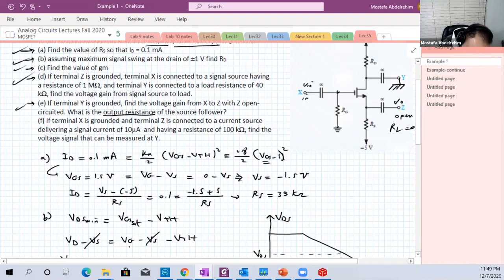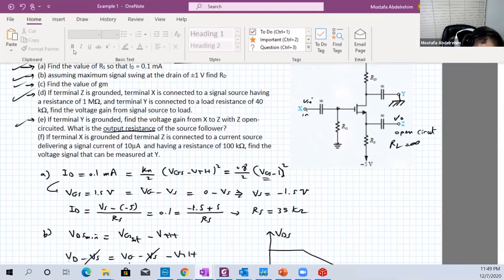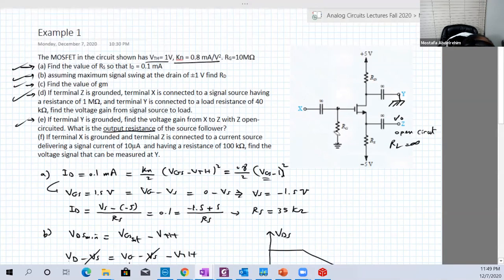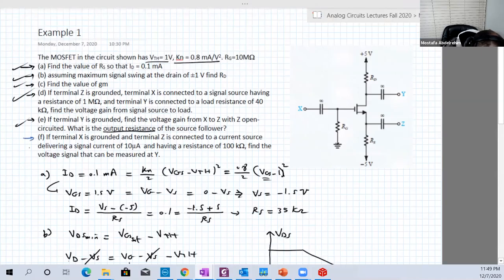Now number F, and again we're going to remove all what we have done. So draw. In that case, in F, X is grounded, and the terminal Z is connected to a current source.